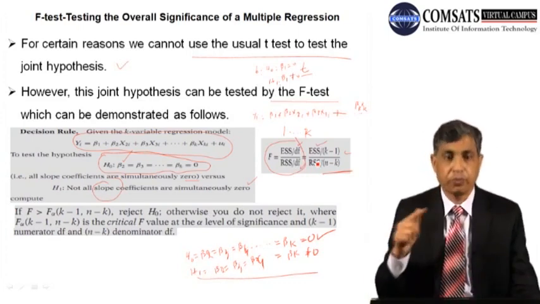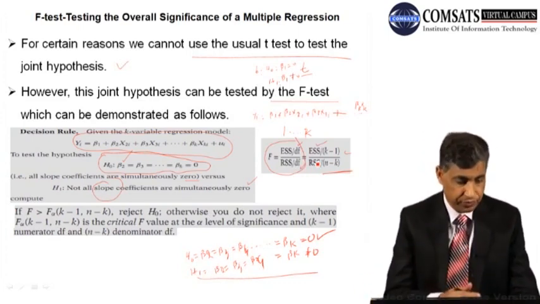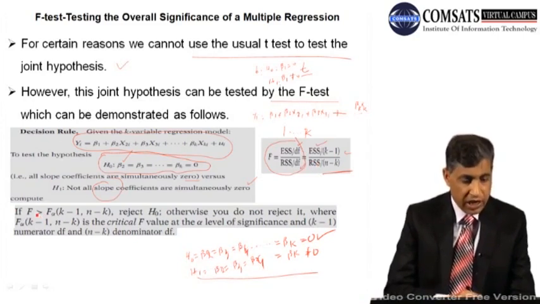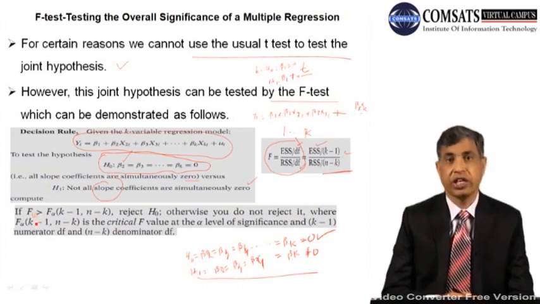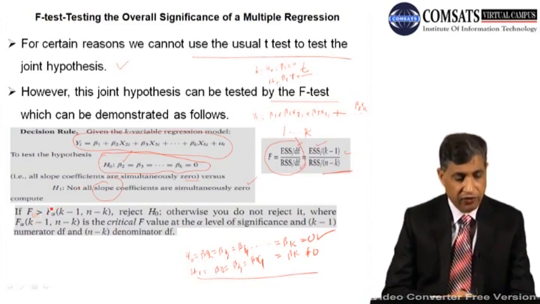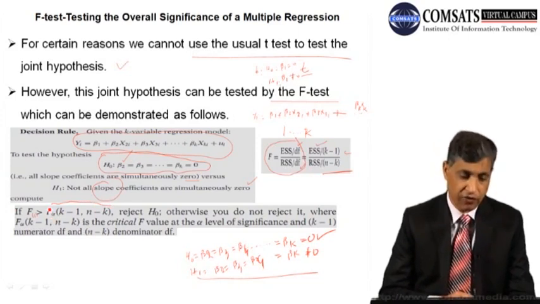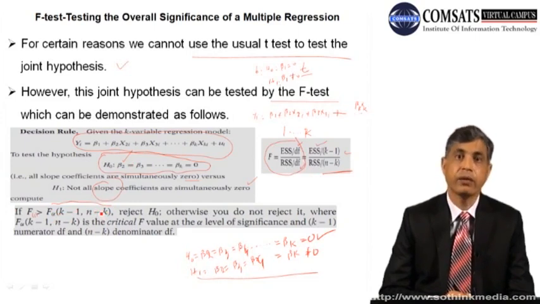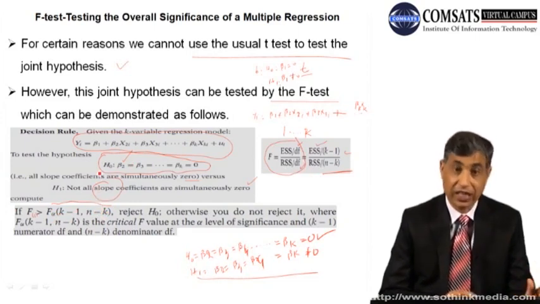Now apply your previous knowledge. Look here. What is the rule of thumb? If F calculated is greater than F, alpha being the significance level and this being the degree of freedom. No need to worry about what this is.